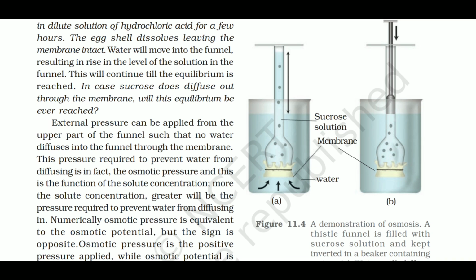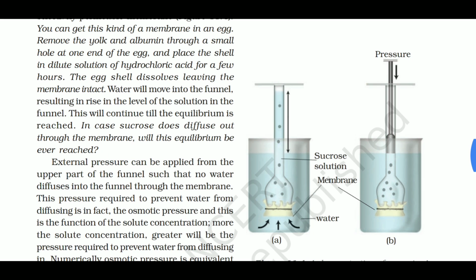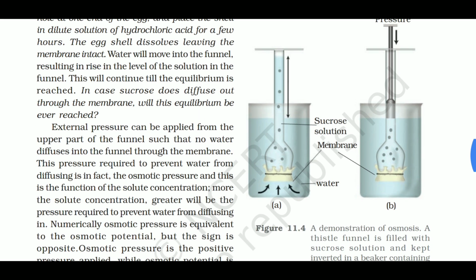So the water will move into the funnel, resulting in a rise of the solution in the funnel. This will continue till equilibrium is reached. In case sucrose does diffuse out through the membrane, will this equilibrium ever be reached?